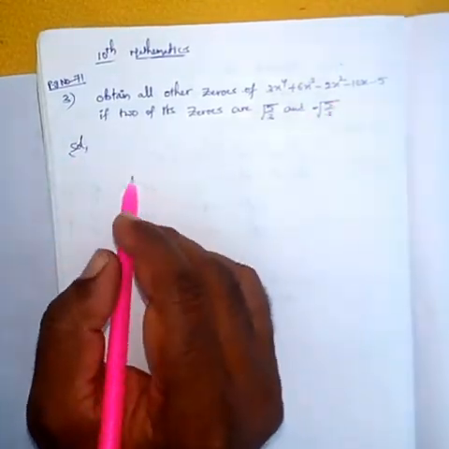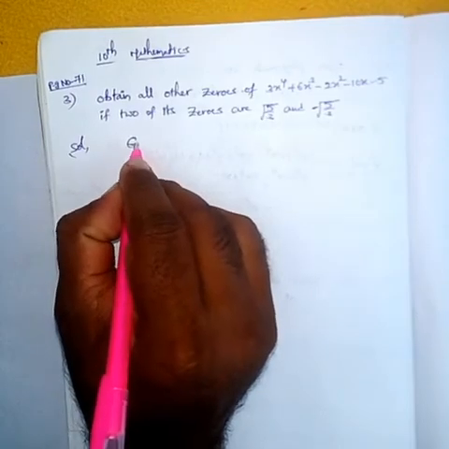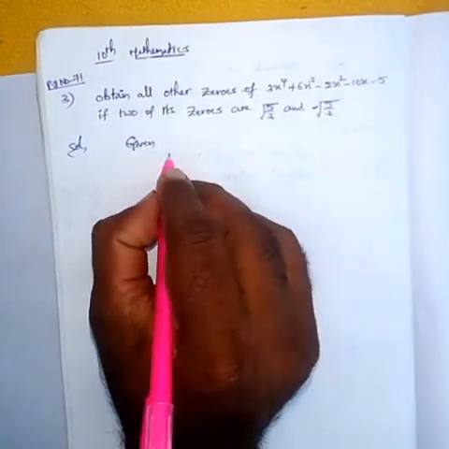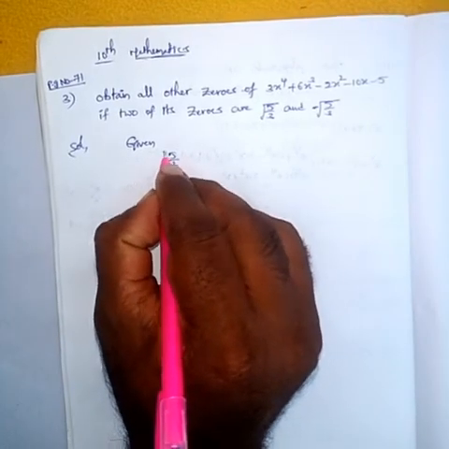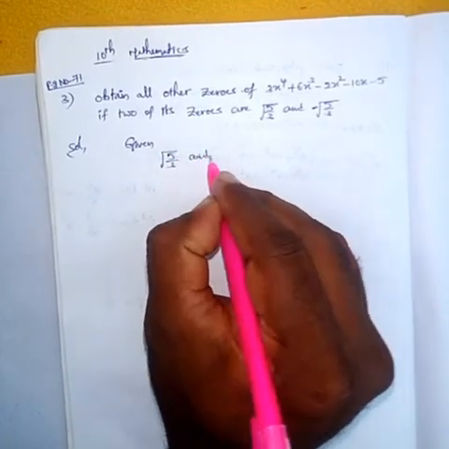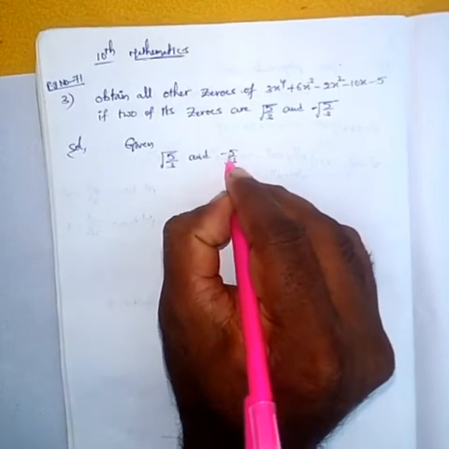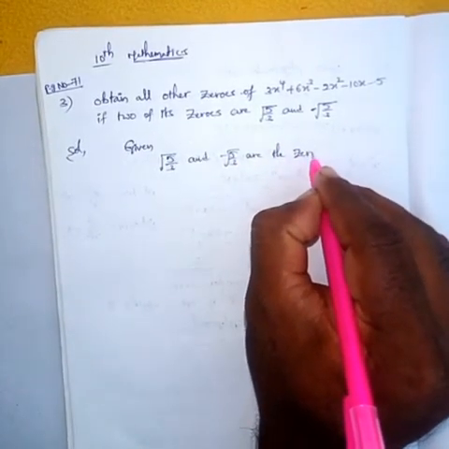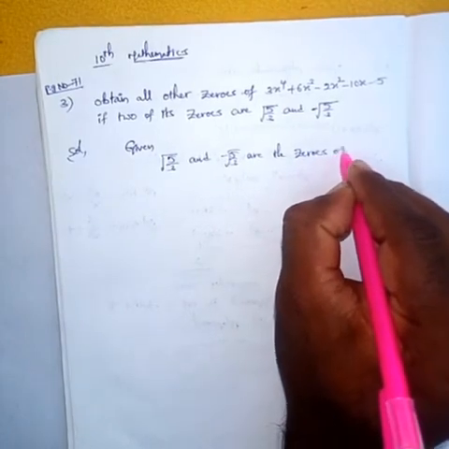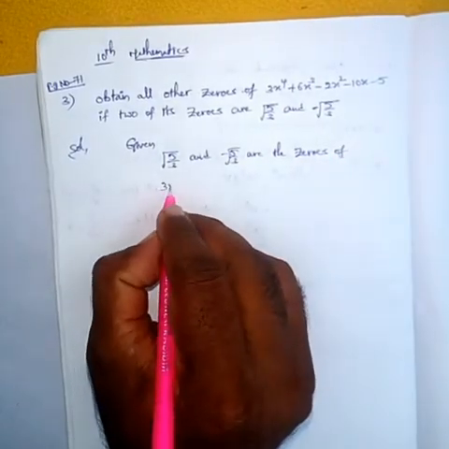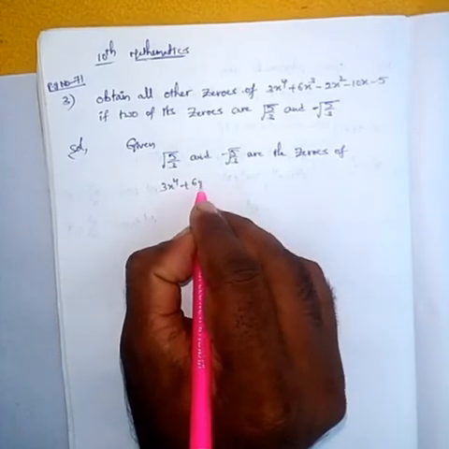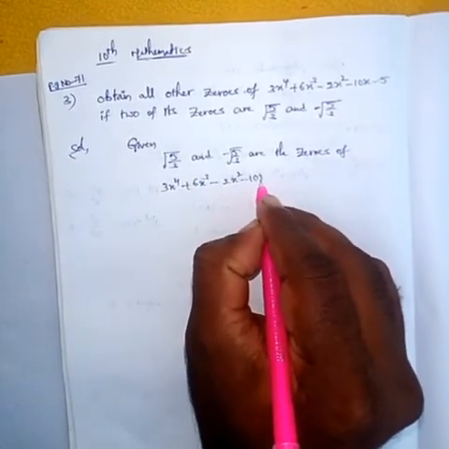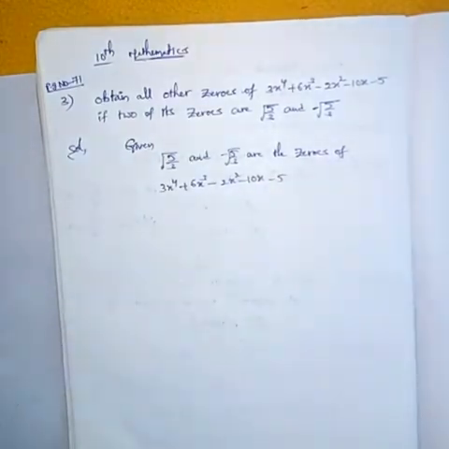First write the given data. Given: root 5 by 3 and minus root 5 by 3 are the zeros of 3x power 4 plus 6x cube minus 2x square minus 10x minus 5.